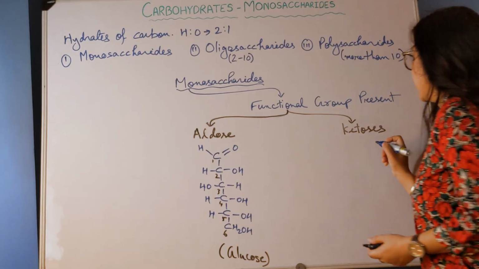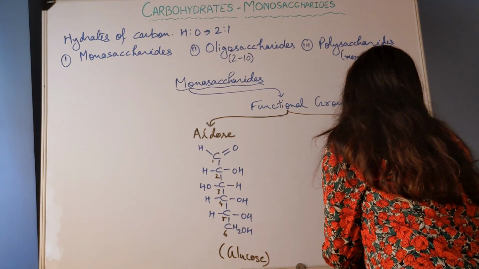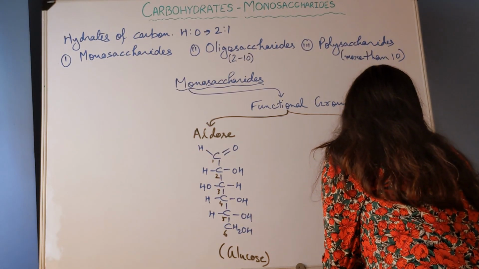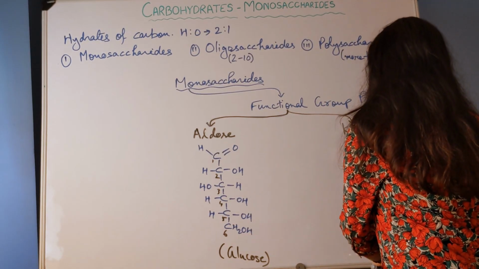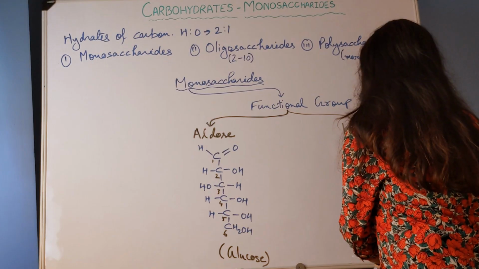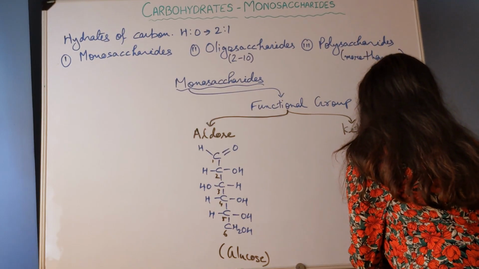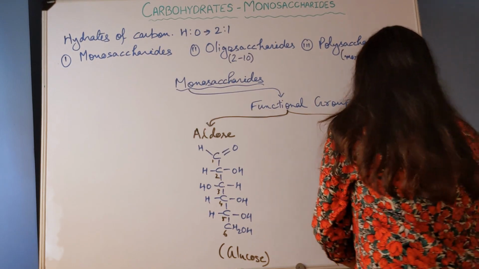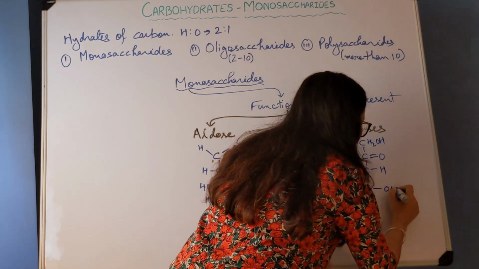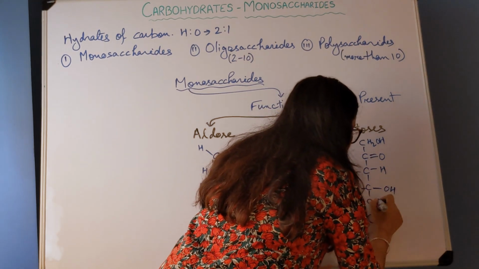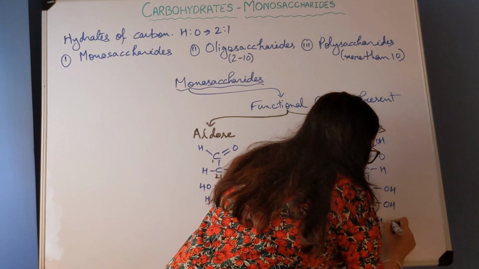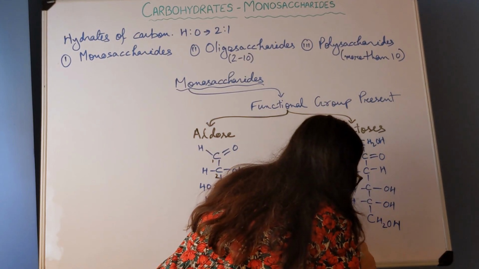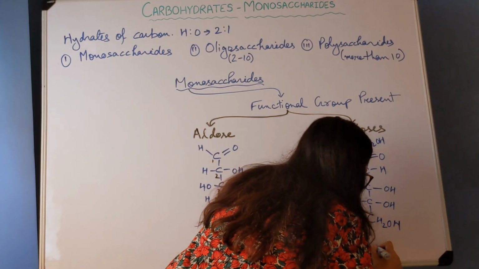Now ketoses, as we have said, have a ketone group attached to them. Let us see one example. This is an example of a very common ketohexose sugar, fructose.